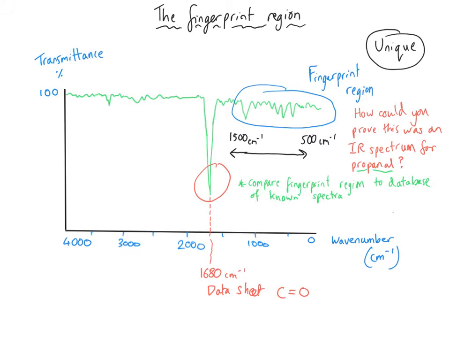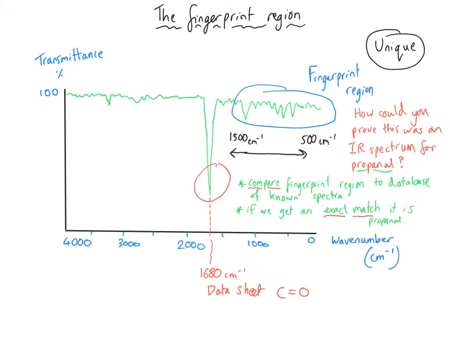The first mark would be for saying that we would need to compare the spectrum for our unknown substance that we suspect is propanal to a database of known spectra. And then the second mark would be for saying if we get an exact match, then this was a sample of propanal. Or conversely, if we didn't get an exact match, then we know that it wouldn't be propanal.